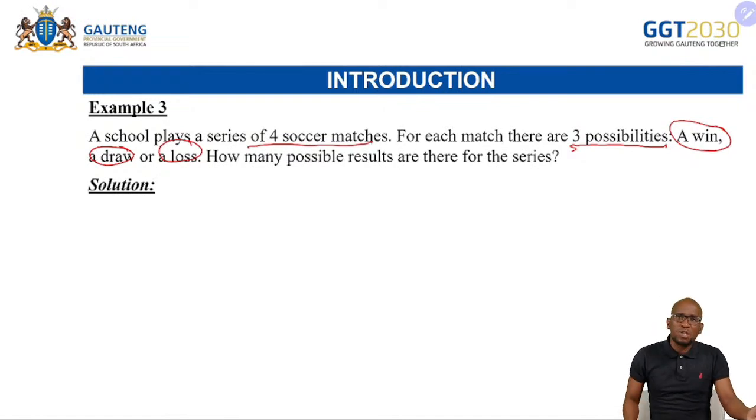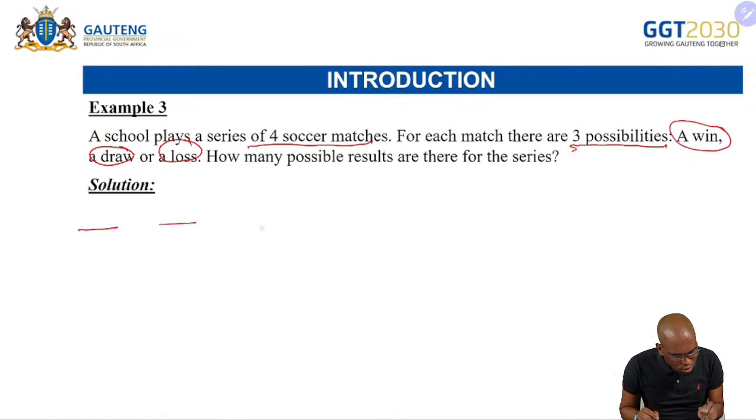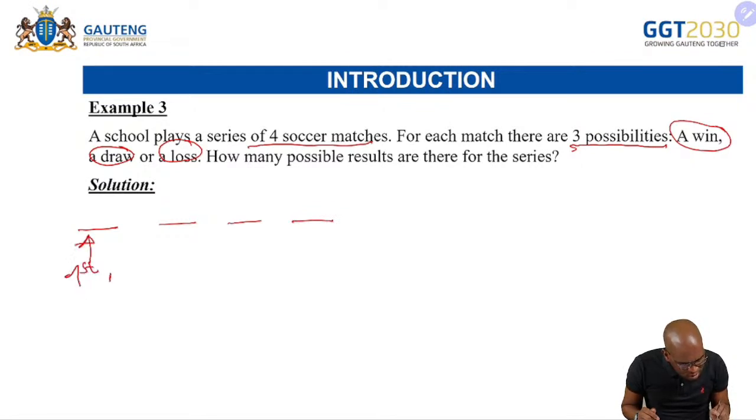Remember, the series consists of 4 soccer matches, so we're going to open 4 spaces: 1, 2, 3, 4. And then we ask ourselves, for the first match, obviously this position represents the first match. This position represents the second one, this one the third, and this one the fourth.